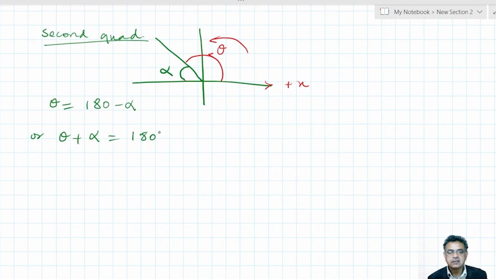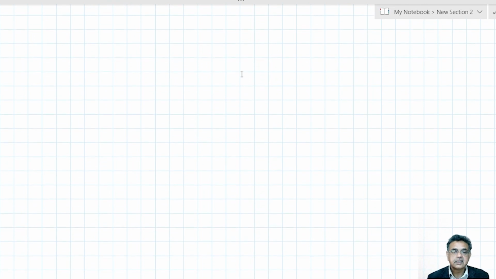So their sum is 180, or if you want to find theta from the reference angle, you can subtract it from 180 degrees. Or if the positive angle is given, you can find its reference angle in the second quadrant by subtracting that angle from 180 degrees. So in any one of these three ways, you can understand the relation between theta and alpha in the second quadrant.